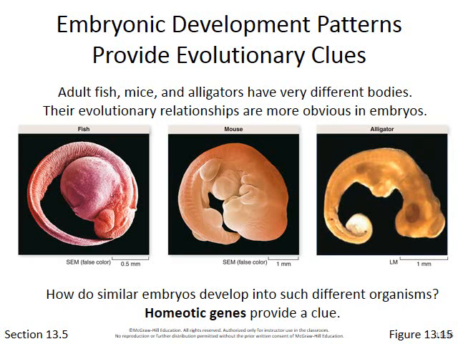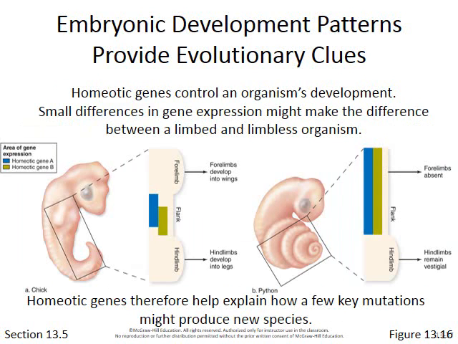There are something called the homeotic genes, and they provide very large changes to the embryo. So, homeotic genes control an organism's development. Small differences in this gene expression can make a big difference between, let's say, a limb creature and a limbless creature.